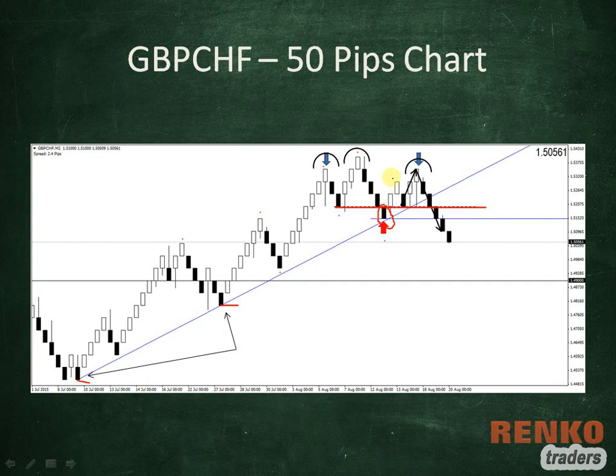So after price briefly rallied by about 2 Renko boxes, which is about 50 pips each, which in total is a 100 pip rally from this particular support, price promptly fell back here and established support at this level. So this was where we took a long, and we targeted 1.53.